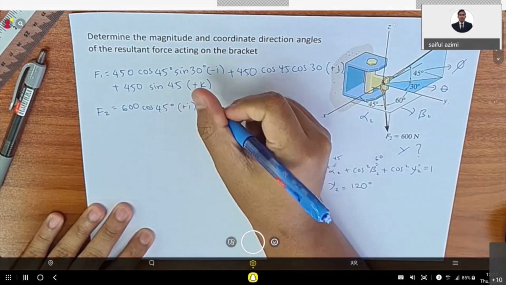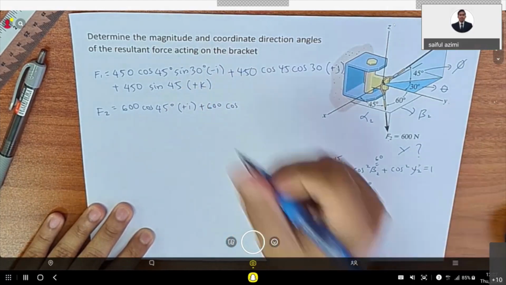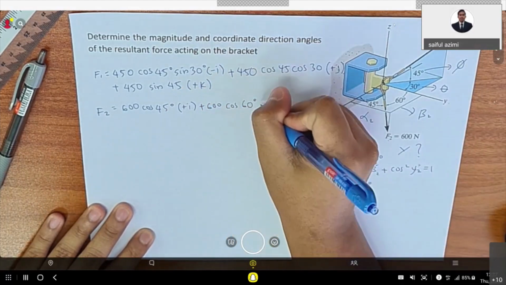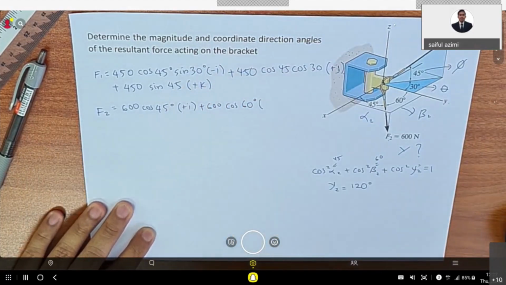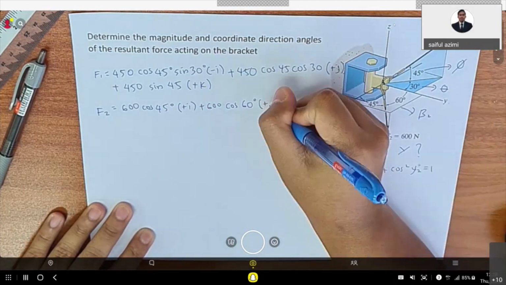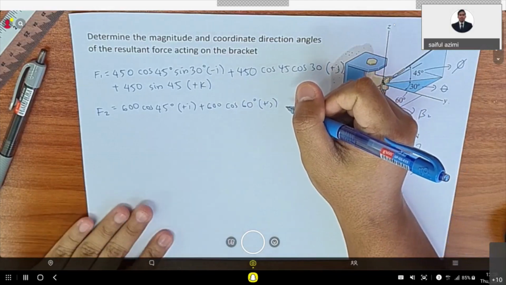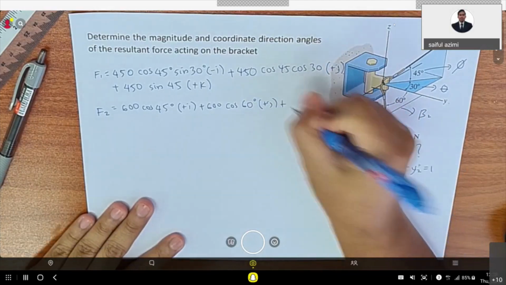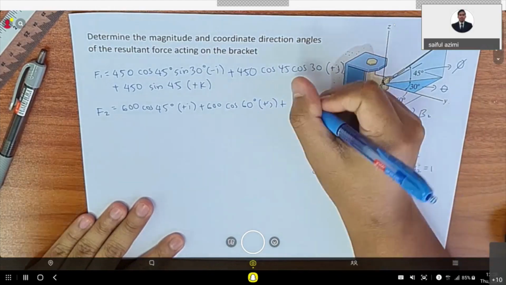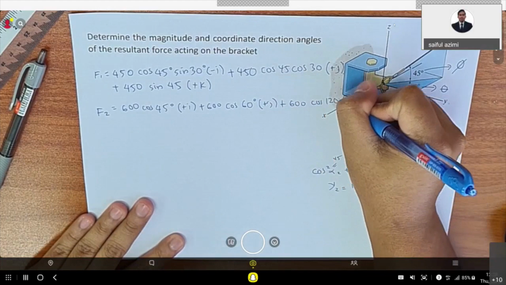Plus we have 600 cos 60 degree. What is the direction of j, positive or negative? Positive. And next, what is the direction of k? Plus 600 cos 120. What is the direction of k?